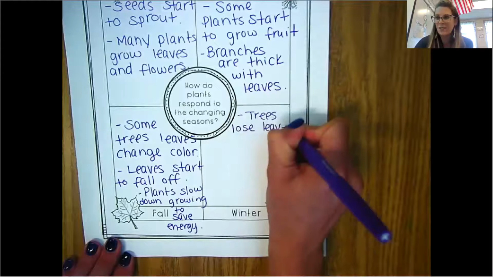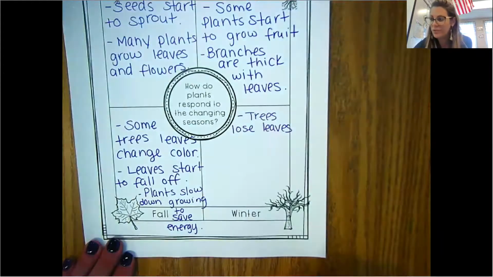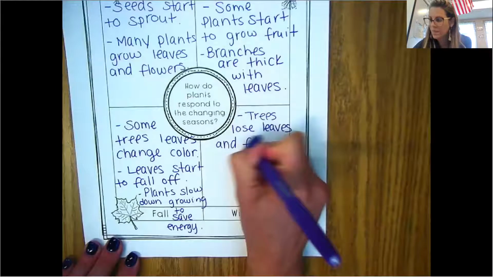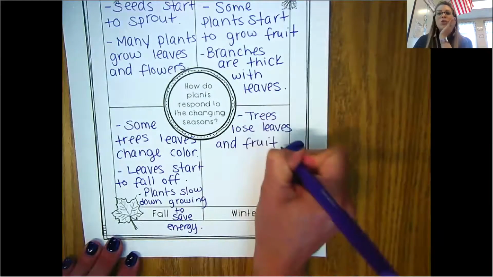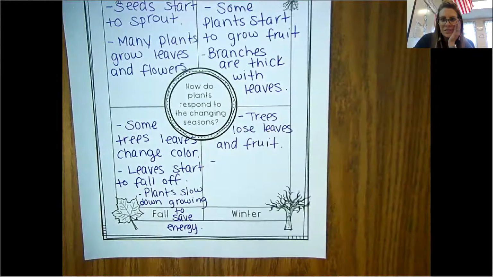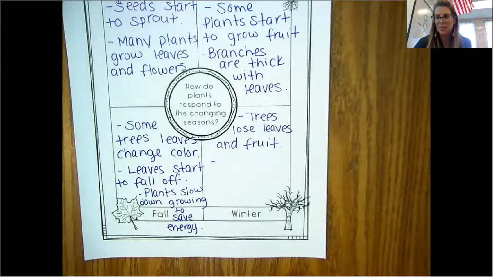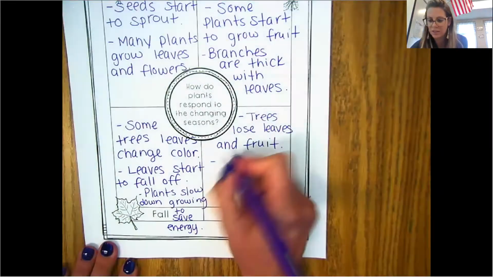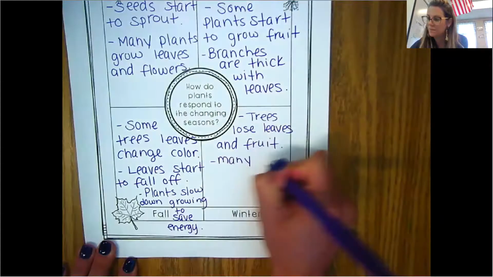And if they had any fruit, the fruit is gone now. Okay, so because there's not a lot of sunlight and because it's so cold, do the plants stay alive? Oh, a lot of plants die.